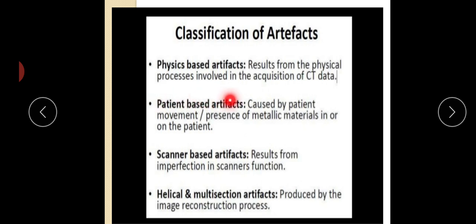Next is the patient-based artifact, caused by patient movement or the presence of metallic materials in or on the patient. Third is the scanner-based artifacts, which result from imperfections in scanner function. Fourth is the helical or multi-section artifacts, produced by the image reconstruction processes.